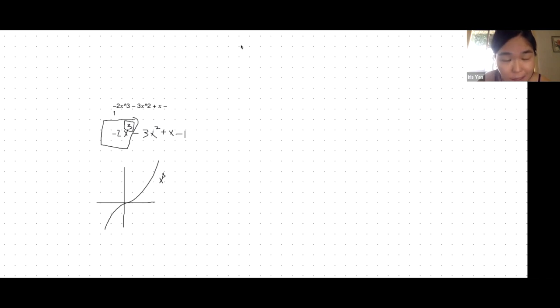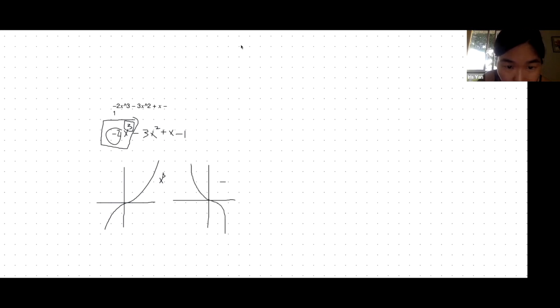When x is a very negative number, x cubed is also negative and very, very large. But then I multiply by minus 2. So that's going to flip it, and it's going to start looking like this. This is my minus 2x cubed.